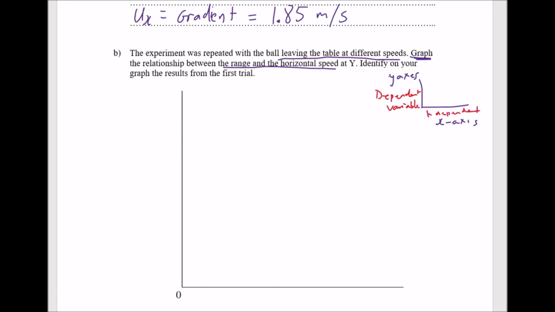Okay, so if you read carefully in this question, it says you're using a different speed. So if you're using a different speed, that means the horizontal velocity is your independent variable and your range would be your dependent variable.